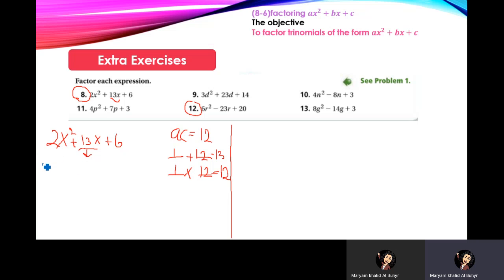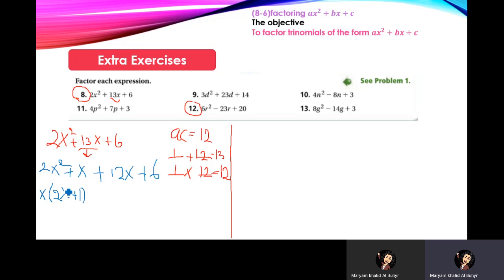But if I write 2x to the power 2 plus 1x, I can have a common factor between them, x, plus 12x plus 6. Great, here I have a common factor between them, 6. Great, I can work with that. I'm going to take x outside, so the remaining is 2x plus 1.